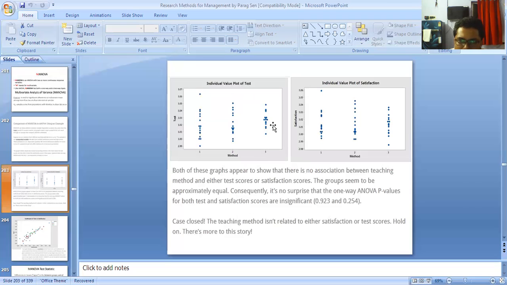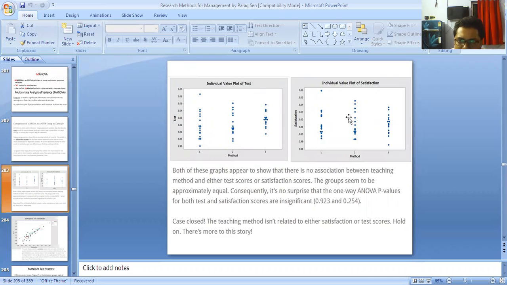You are not observing this kind of pattern. The data are scattered from the lowest to the maximum test scores, so you cannot make any conclusion out of it.